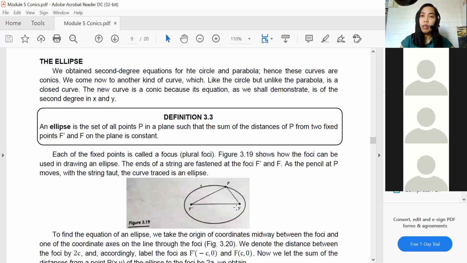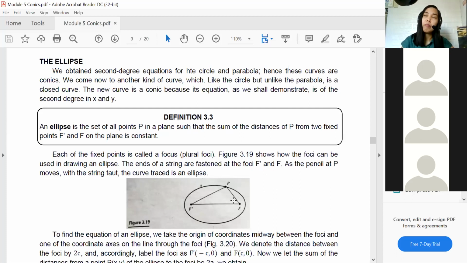The sum of their distances is equal to 2a. So from there, makabuo tayo ng standard form for ellipse with center at the origin. As the pencil at P moves with the string taut, the curve traced is an ellipse.